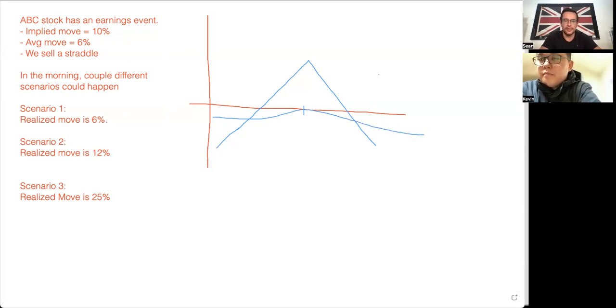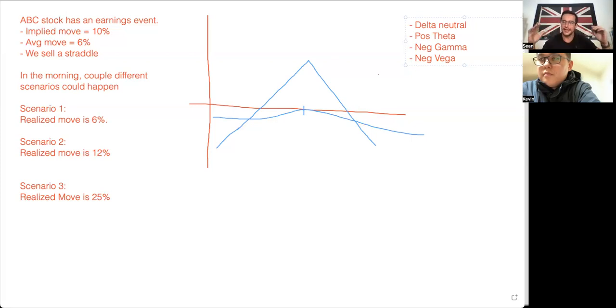So here's the thing. When we have this trade on, what exposures do we have right away? We are delta neutral, so we don't have an impact on direction. We have positive theta, we have negative gamma, and we have negative vega. So we make money if implied vol comes down.